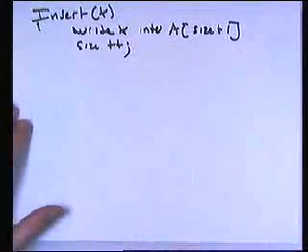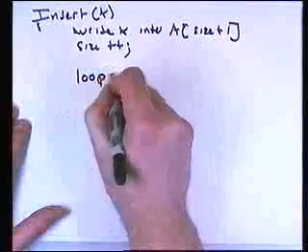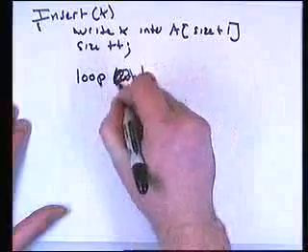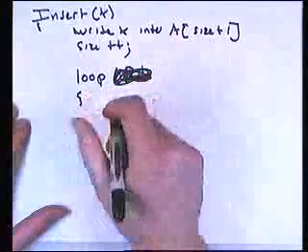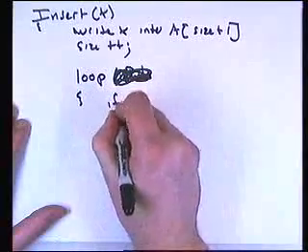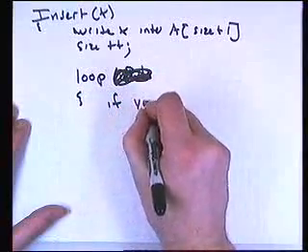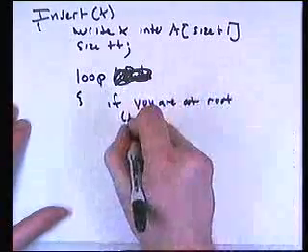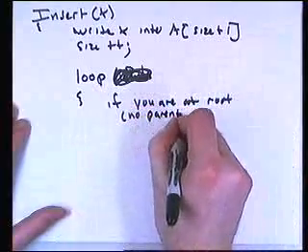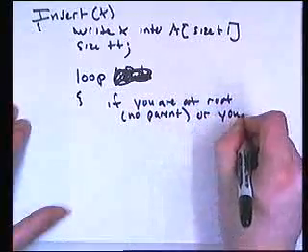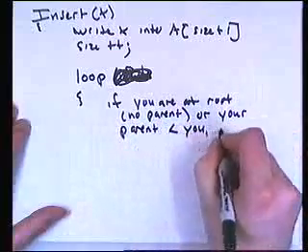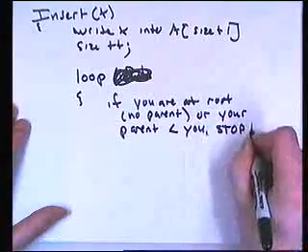When we insert, what we're doing is saying, I want to loop, and I say, if you are at the root, meaning you have no parent, or your parent is less than you, then we stop the loop.